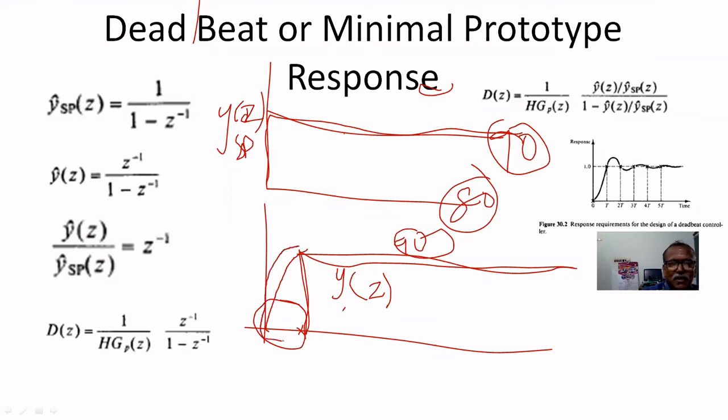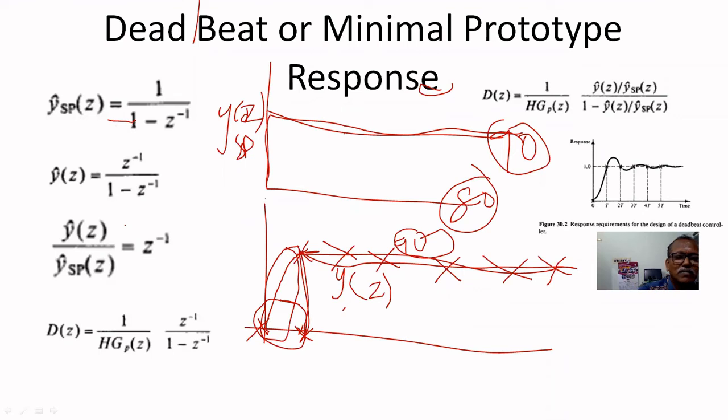But this part in between is unknown to any discrete time system. We know only at the sampling instants. Here we got the output equal to the set point, and it remains at that value.